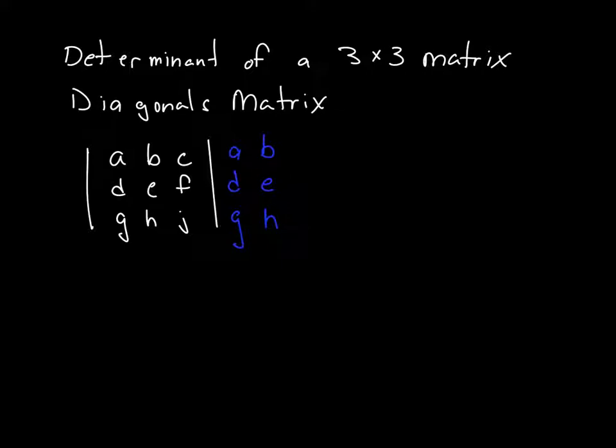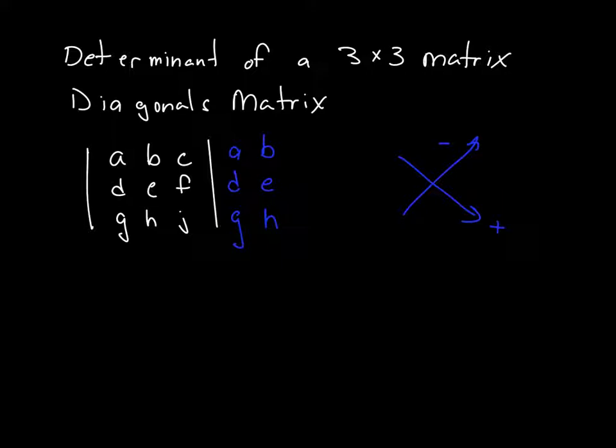So what we're doing here is when we are going down, it is positive. Going back around the other direction would be negative. So I create this idea of diagonals.